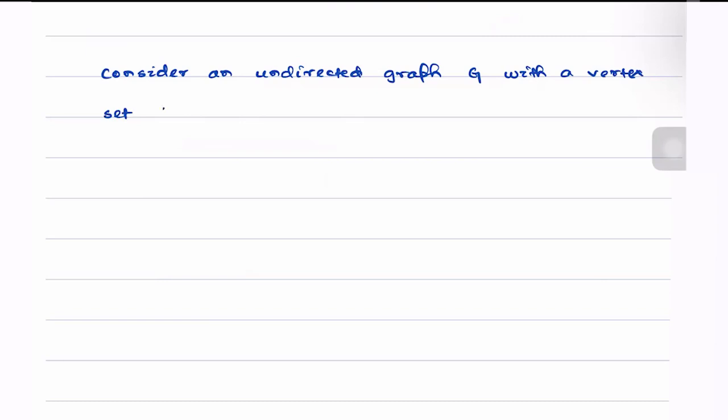Hence, to sum it up, we can say, consider an undirected graph G with a vertex set V with cardinality of V being equal to n.